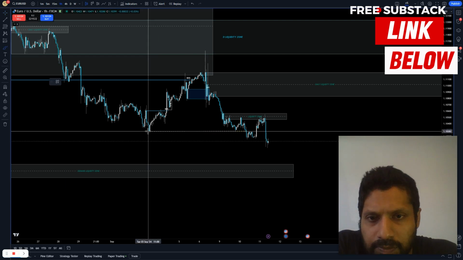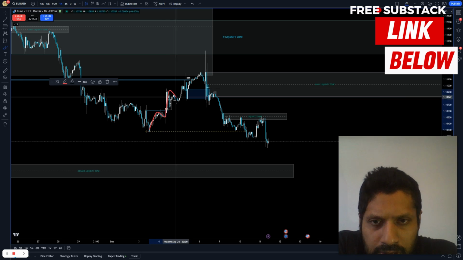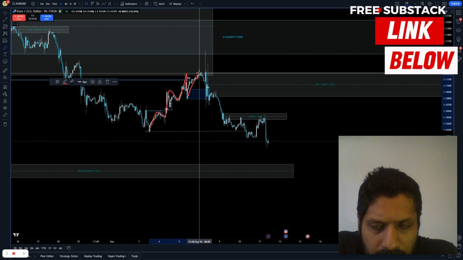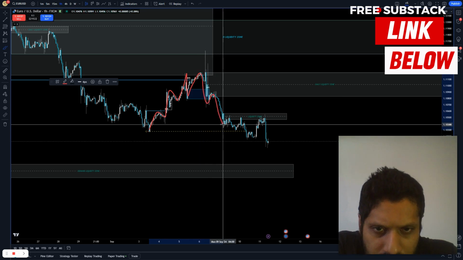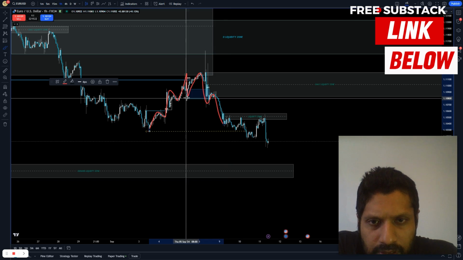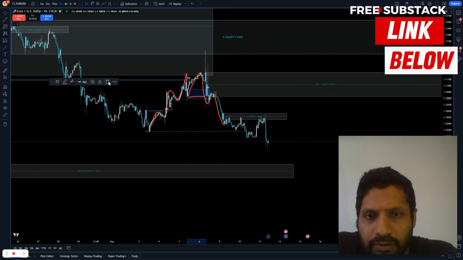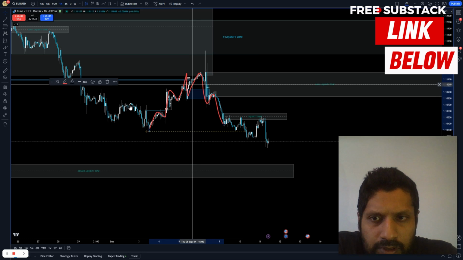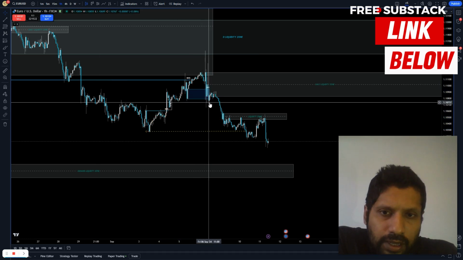You can see the price heading up, right, and then it goes down. All right, so you see here it breaks the structure. That's the BOS that I've mentioned, right? So let's delete this. All right, so it's broken this structure and it has headed downwards.